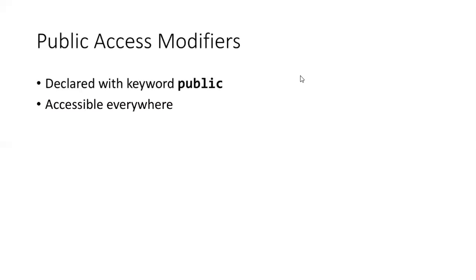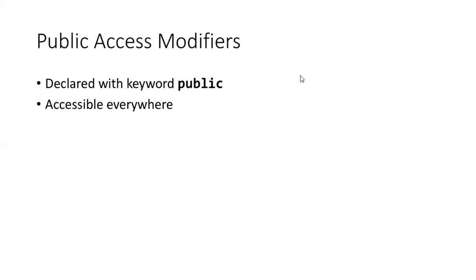Public access modifiers are declared with the keyword public. When we declare an instance variable or a method, we have to prefix the keyword public to the declaration. And what does it specify? If I declare an instance variable or a method as public, then it is accessible everywhere.